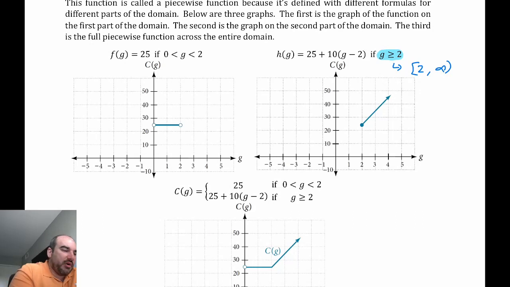So you need to be able to go back and forth between these inequality notations and interval notation. So this one would be from 0 to 2 with parentheses, right? That's that in interval notation.